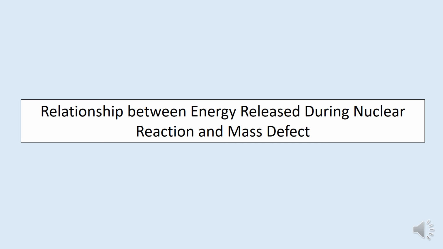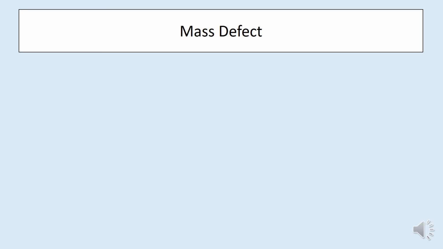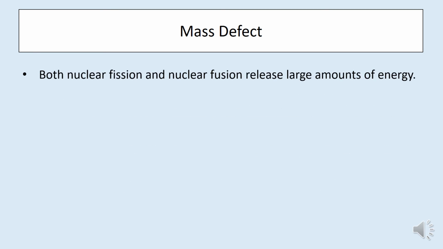Next, to know the relationship between energy released during nuclear reaction and mass defect, let's learn about mass defect. So, what is mass defect? Both nuclear fission and nuclear fusion release large amount of energy.